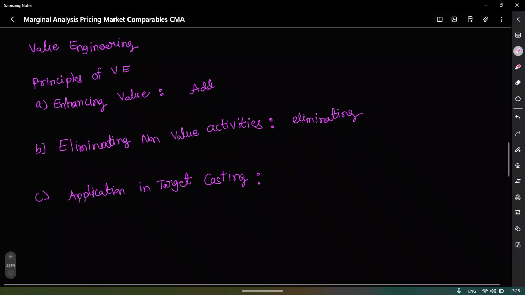So means removing the wasteful expenditure and adding the activities that directly contribute to the customer value, we will adopt. So streamlining the production process is most important for companies to achieve the target costs, meaning minimizing the cost, maximizing the profits and giving high quality products.